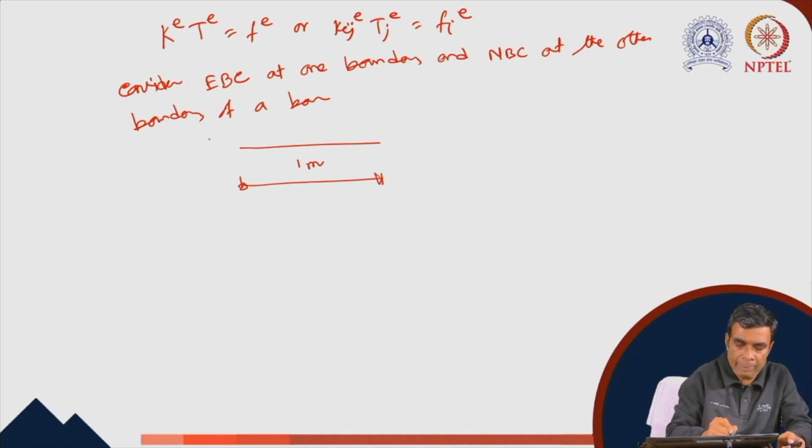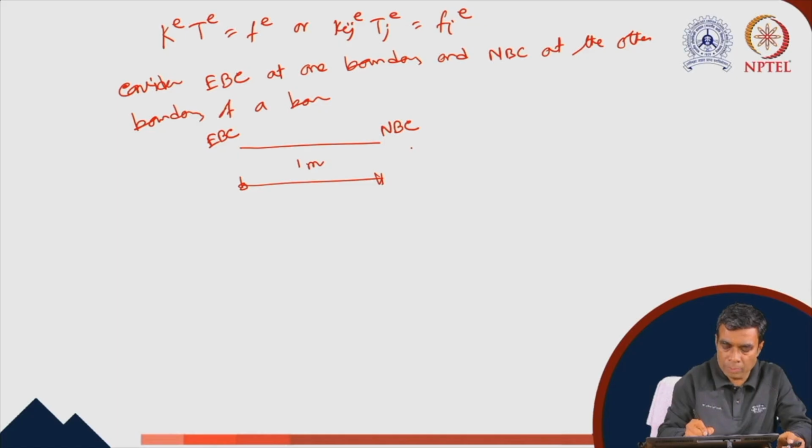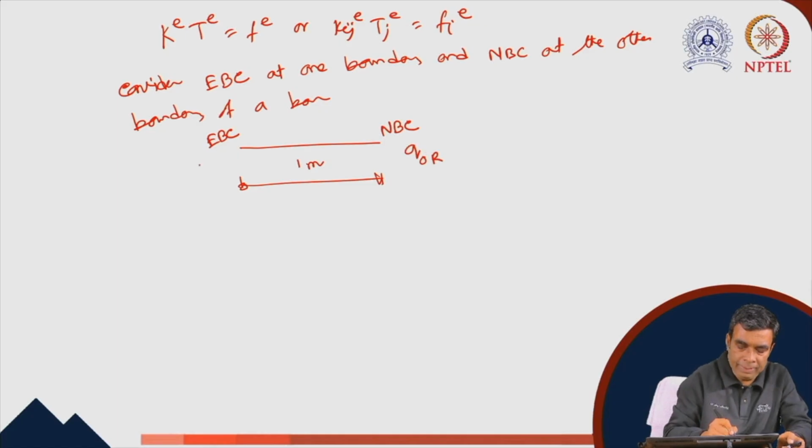Now at the left boundary we have specified EBC, at the right boundary we have specified NBC. So the value of NBC quantity is Q0R and for EBC, the temperature is 100 degrees centigrade. So the governing equation is K d2T/dx2 plus Q equals to 0.